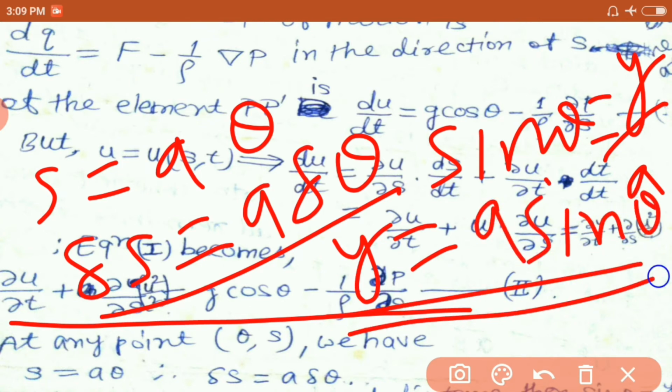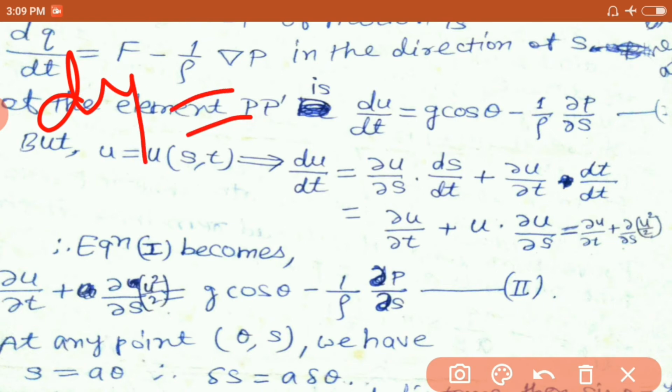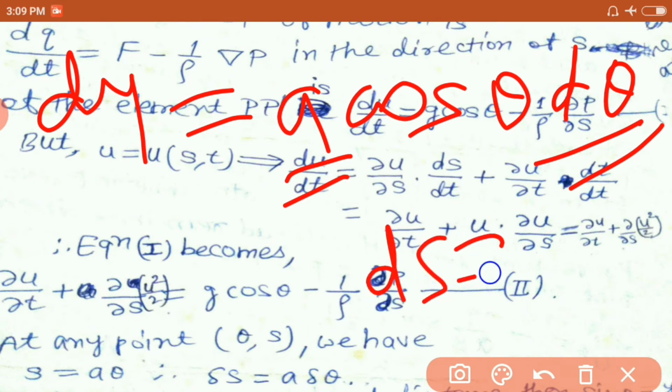Differentiate this with respect to theta, then we get dy is equal to a cos theta d theta, and we know ds is equal to a d theta.